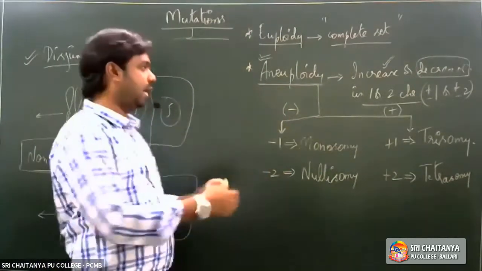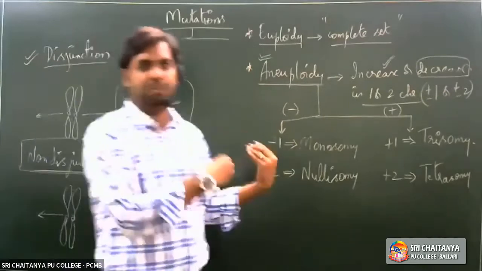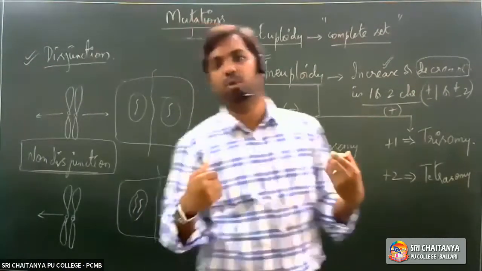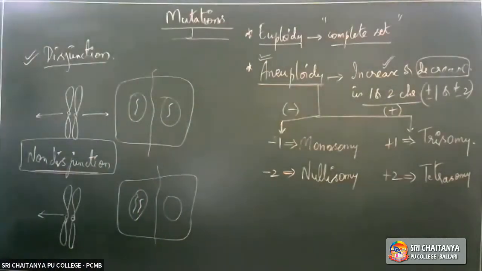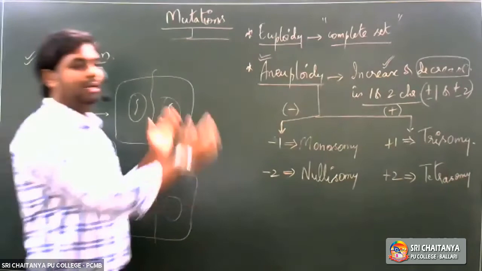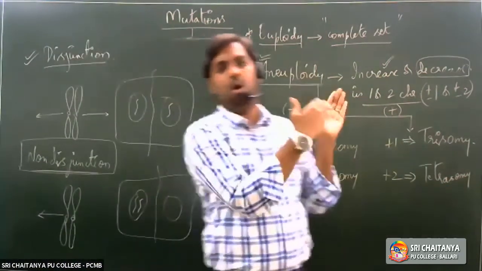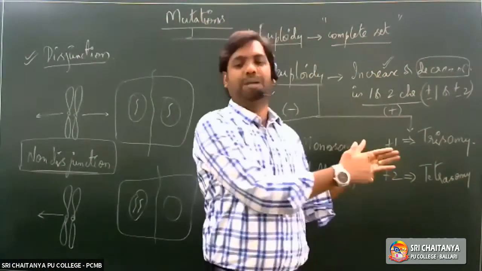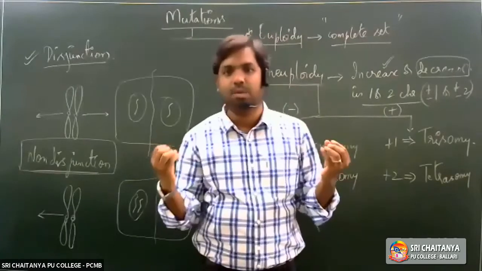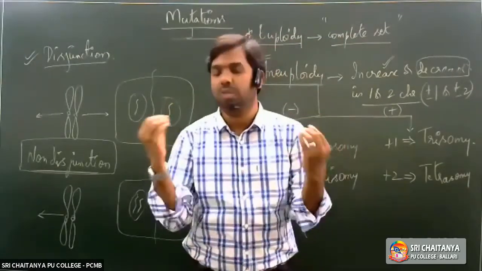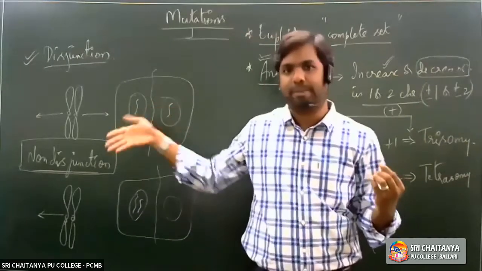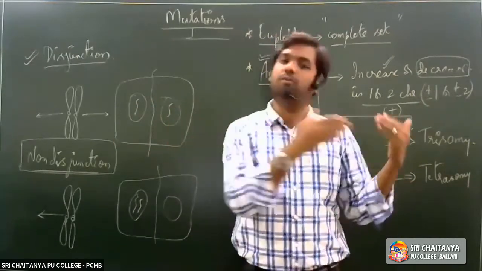So we've started off with chromosomal mutation in this particular session. Under chromosomal mutation, we said that based on what exactly is happening to the chromosomes, we classify mutations into two different categories: either structural mutation or genomic mutation. In structural mutation, there is a change in the shape of the chromosome, leading to morphological changes.